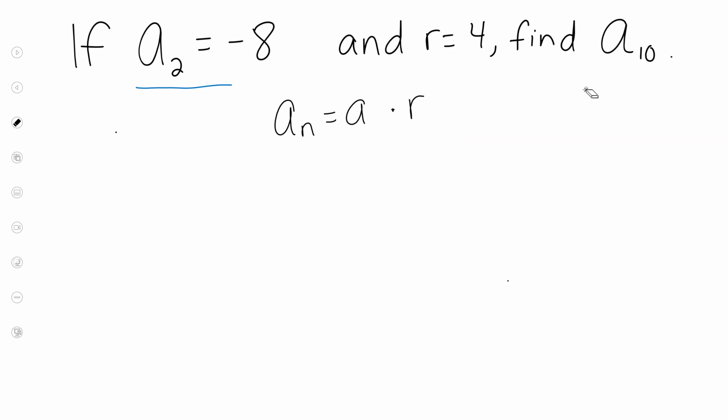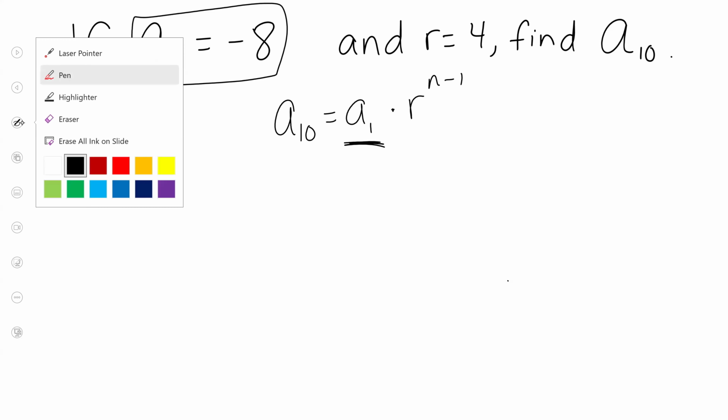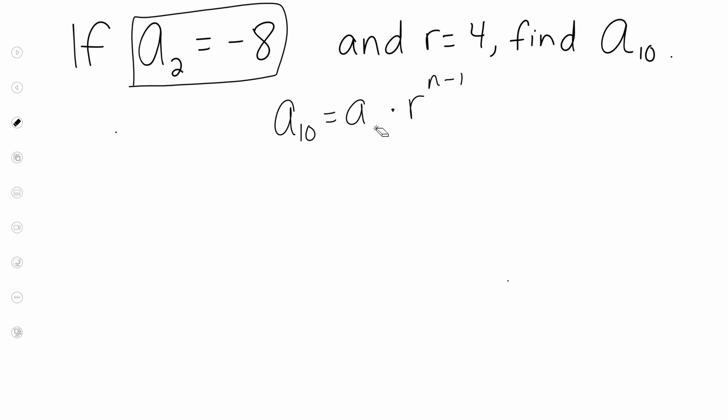Okay. So my goal is to figure out what A10 is. Well, I don't know what A1 is. I don't know this value, but I do know this value. So let's plug that in. I do know what A2 is.